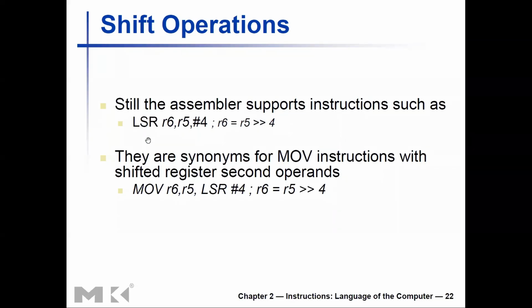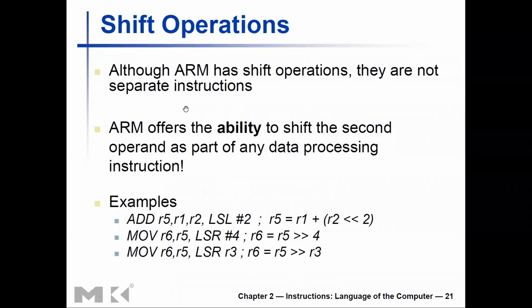But the assembler is not at the 1-0 level, the binary, machine code level. It's higher level compared to machine code. So it has the capability of converting this into machine code supported by the processor. The machine code supported by the ARM processor is going to look like something we saw earlier.